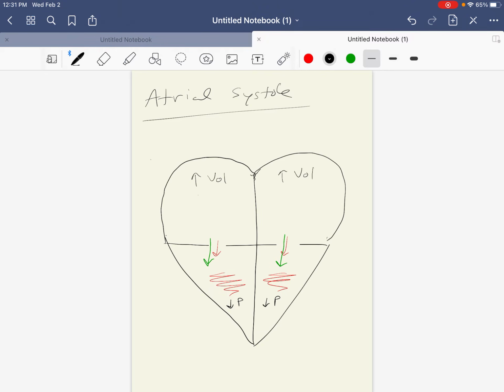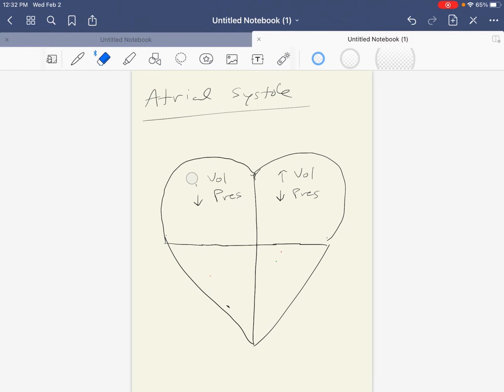And when volume is higher, pressure is lower. So by relaxing the atrial walls, the volume goes up, the pressure goes down, and we no longer have a pressure gradient. Because we lose that pressure gradient, there's no longer a movement of blood from the atria to the ventricles, and the AV valves will close.